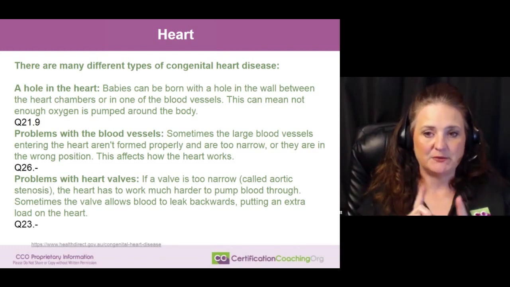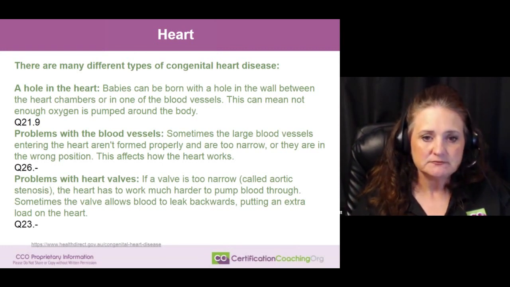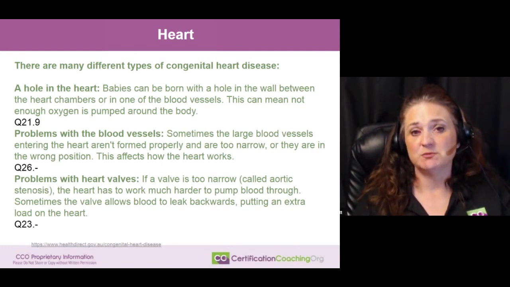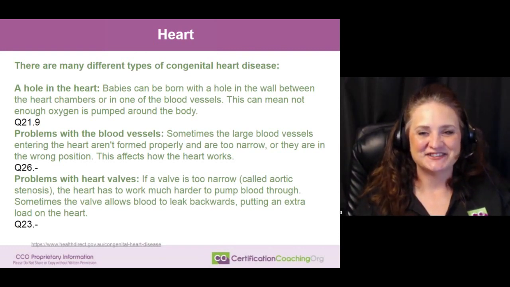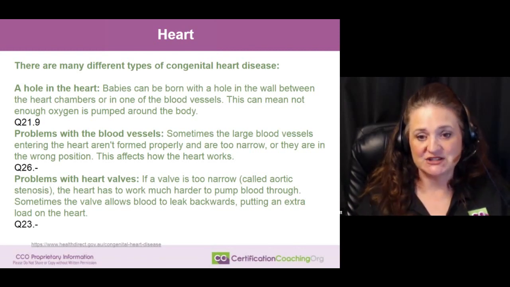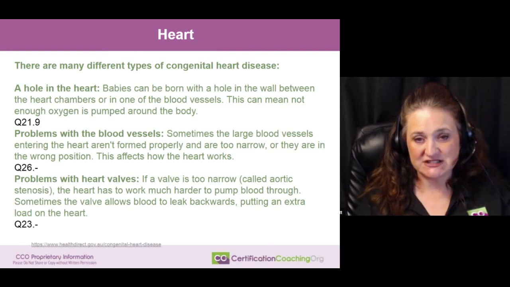Okay, but we got pictures to talk about that some more. You can have anomalies of the blood vessels themselves going in and out of the heart. Got a great picture of one that you're going to get to see. You can also have anomalies to the valves themselves.